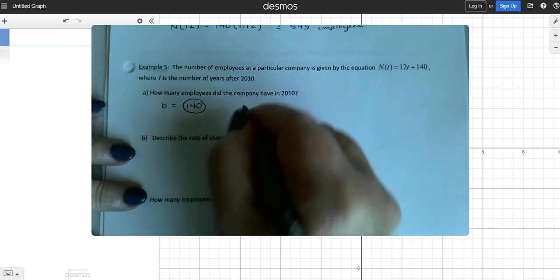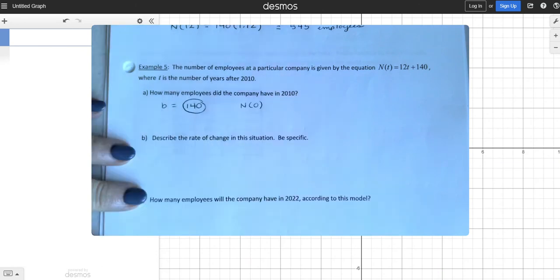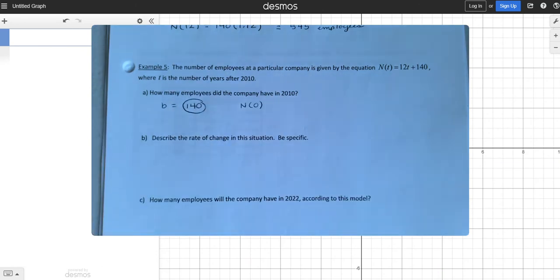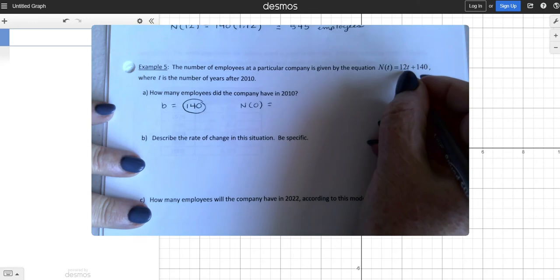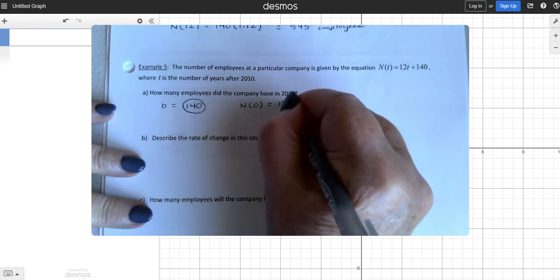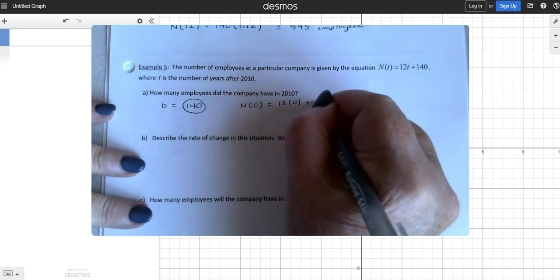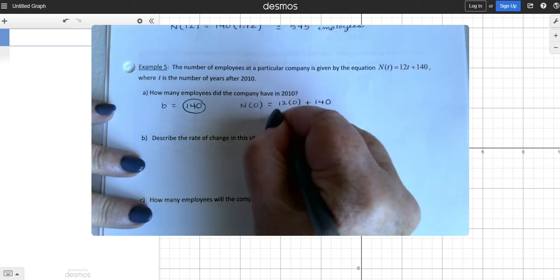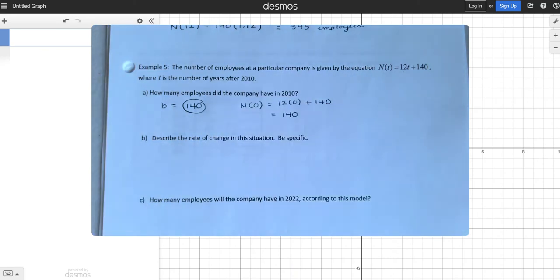Or alternatively, I could just take N of 0, right? 0 years after 2010. That would give me 12 times 0 plus 140, which still gives me 140.